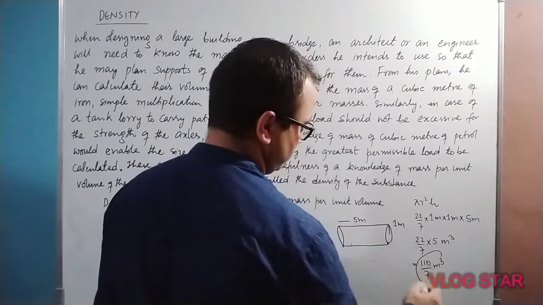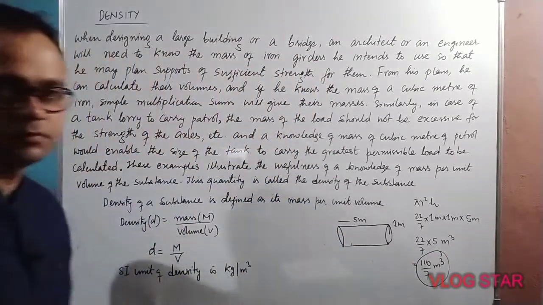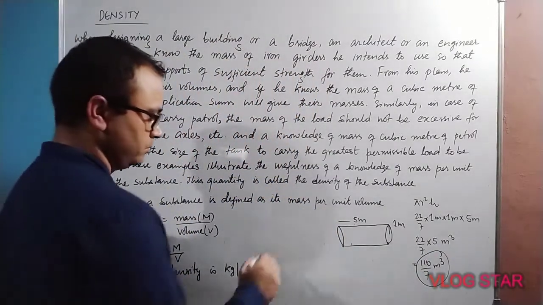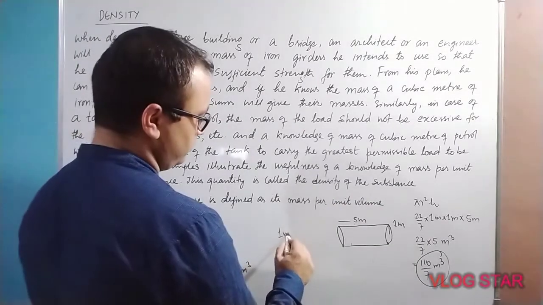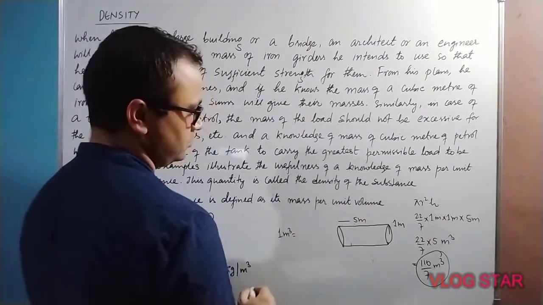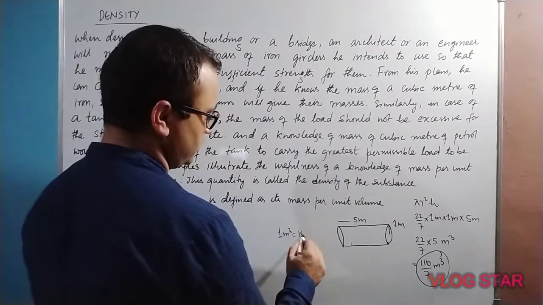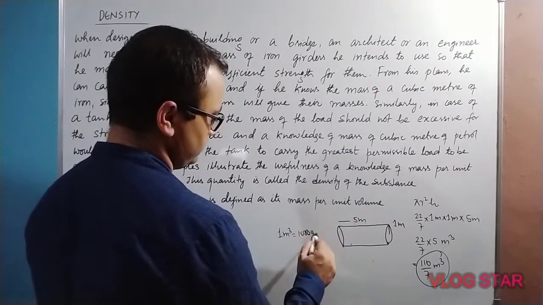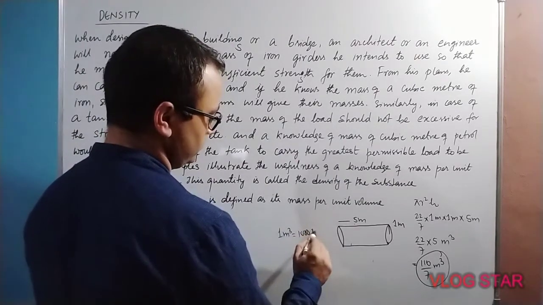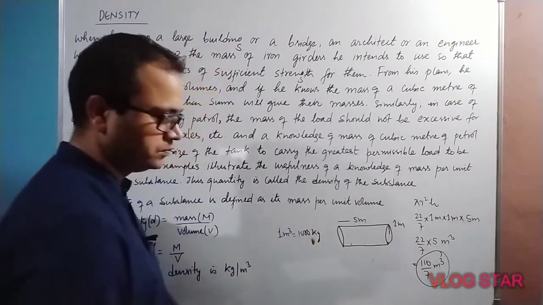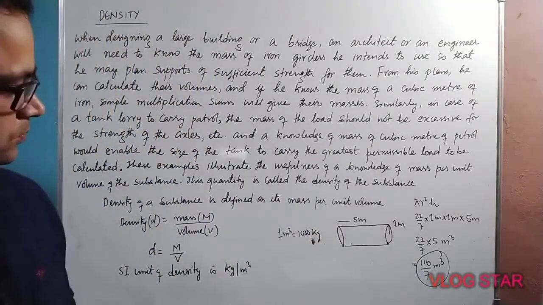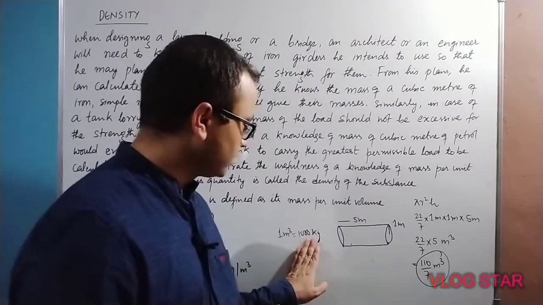Now this is the volume. 1 meter cube equals 1000 kg.